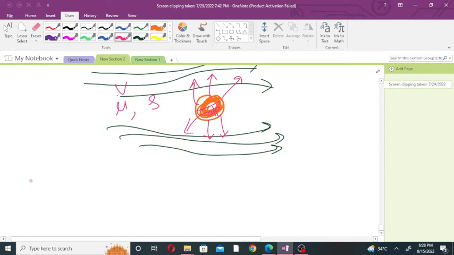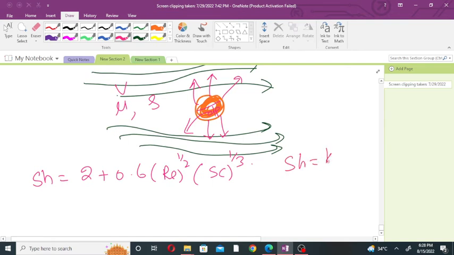In that case, the Sherwood number will be equal to 2 plus 0.6 Reynolds number to the power 1/2 and Schmidt number to the power 1/3. Once you determine these numbers, you put them in this correlation and determine the Sherwood number, which is nothing but the mass transfer coefficient times the diameter of the particle divided by D_AB.